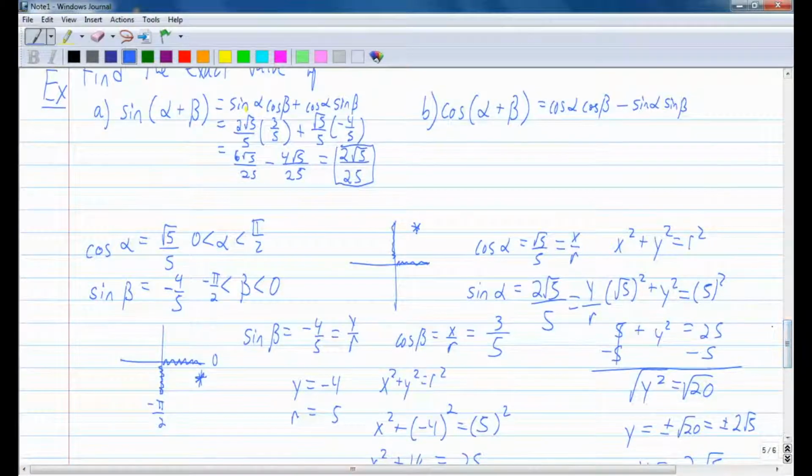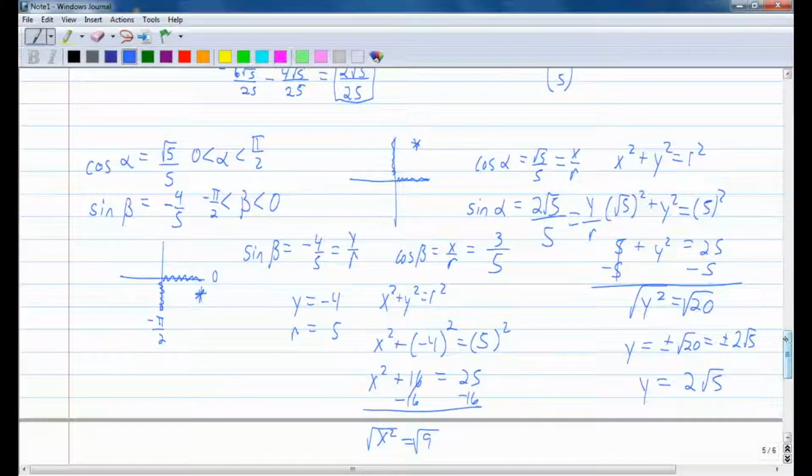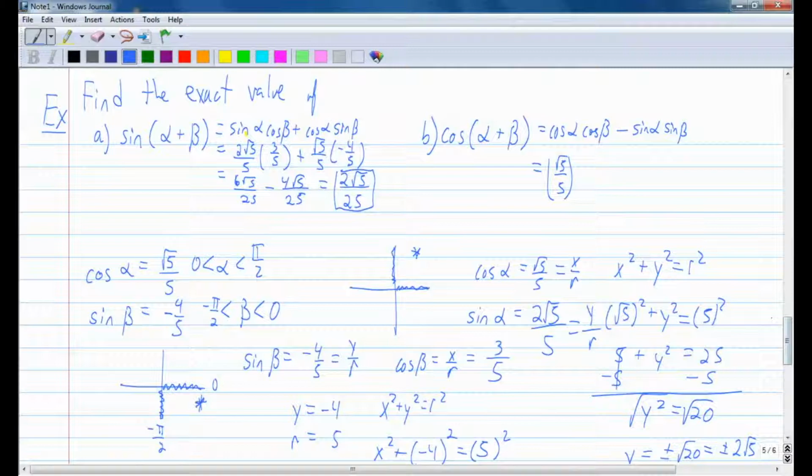Alright. And so cosine of alpha is square root of 5 over 5. Cosine of beta is 3 over 5 minus sine of alpha is 2 square roots of 5 over 5 times sine of beta, negative 4 over 5.